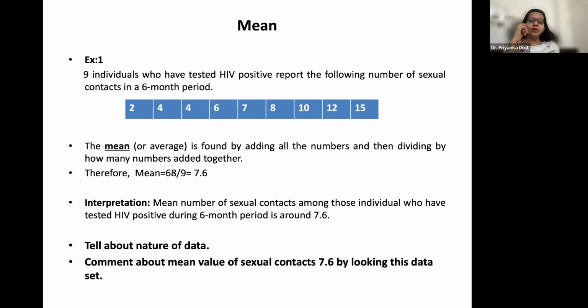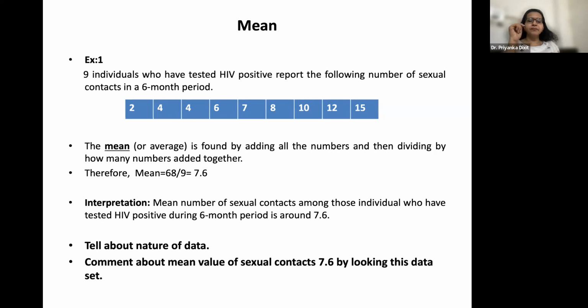Now come to the interpretation of the mode. The mode says that the maximum of the participants have reported 4 times sexual interaction during the last 6 months.